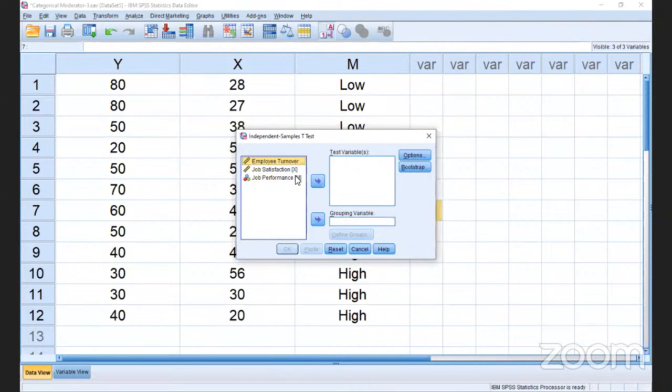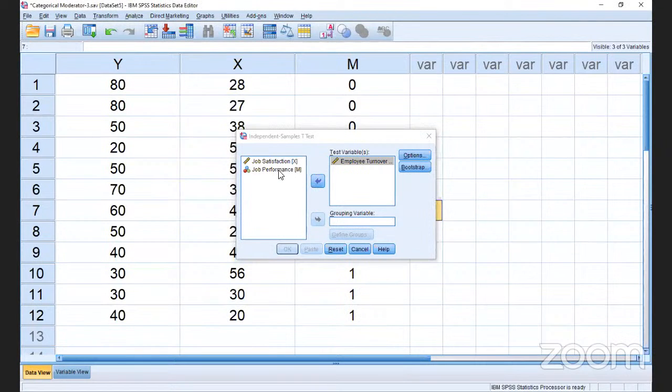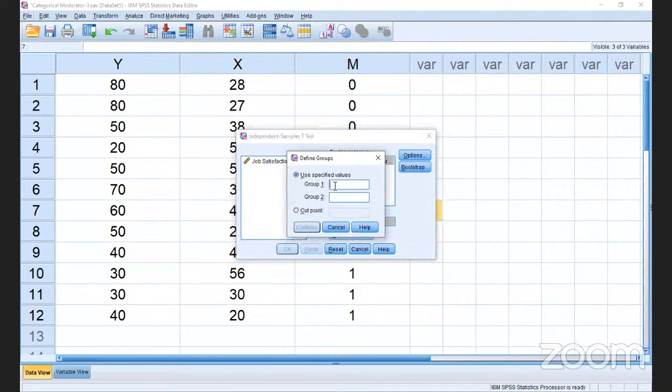I am transferring employee turnover, the dependent variable, into the Test Variable box, and job performance, coded 0 and 1, into the Grouping Variable box because we take the categorical variable here. Then Define Groups: there are two groups, 0 and 1. 0 means low performer and 1 means high performer. Then Continue.